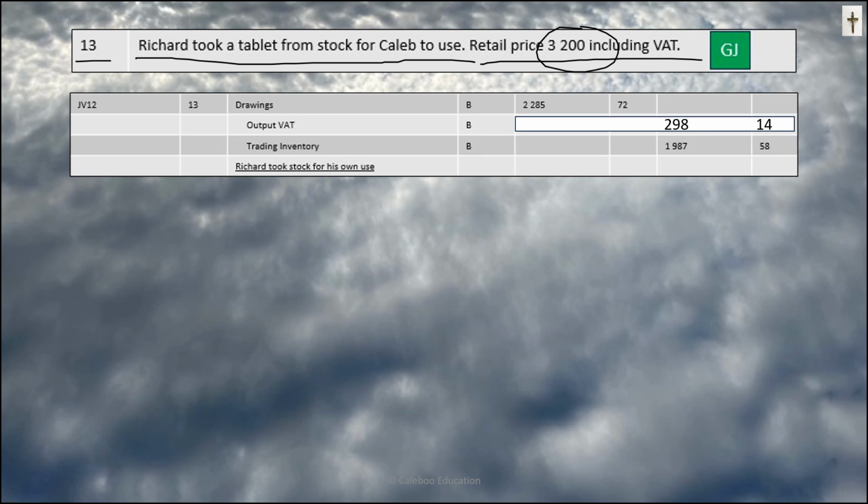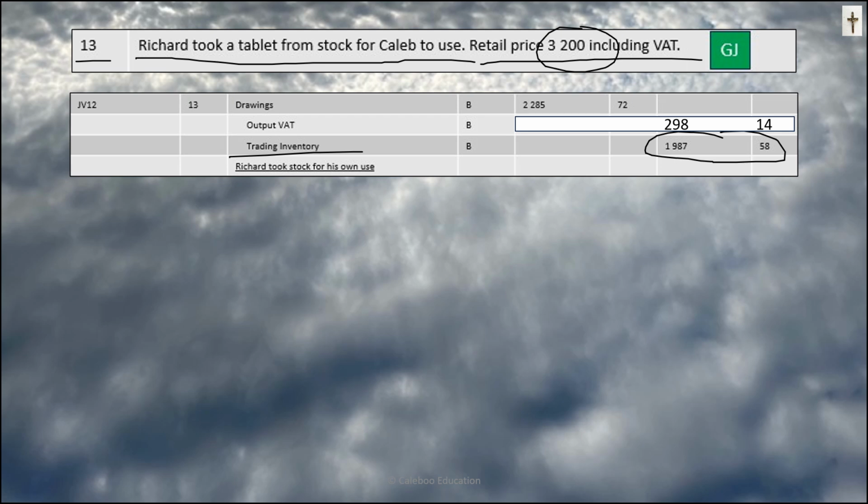That means excluding VAT, right? So the first number I'm going to calculate is the trading inventory amount of the tablet that Richard is taking at its historical cost price.